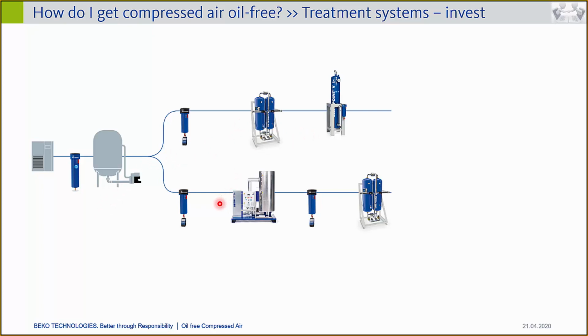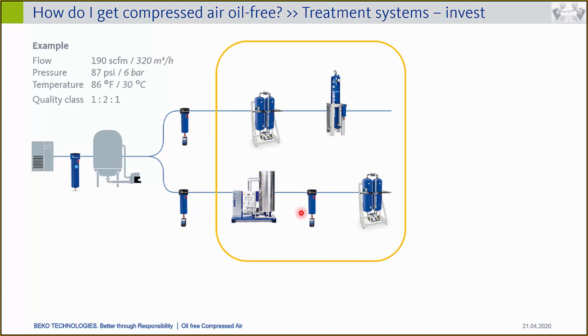On the bottom line, we have the chemical reaction line. The example gives us a few numbers of the airflow consumption, of the operating pressure, of compressed air temperature, and of required quality class. And we will concentrate on this area of the relevant treatment components.